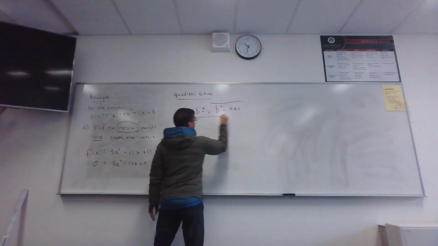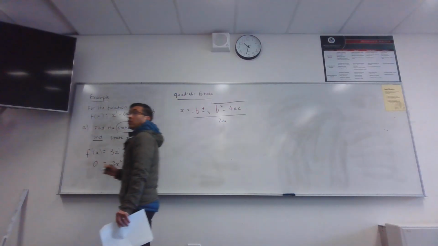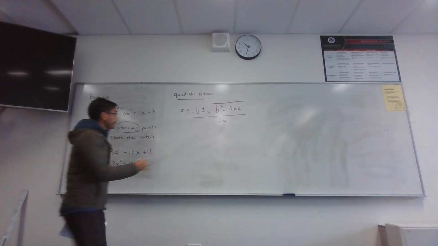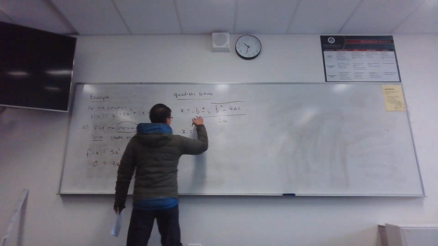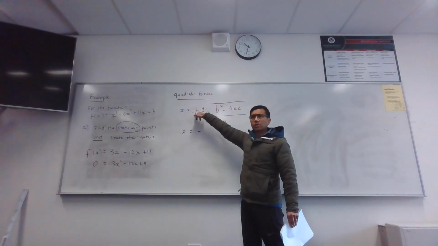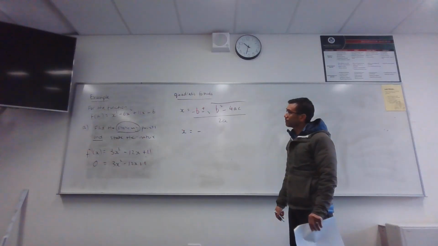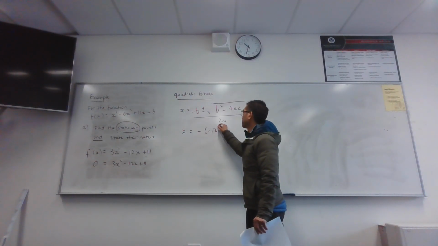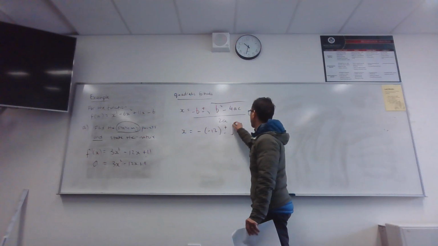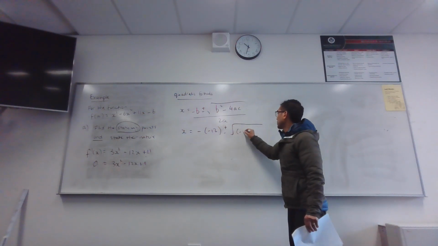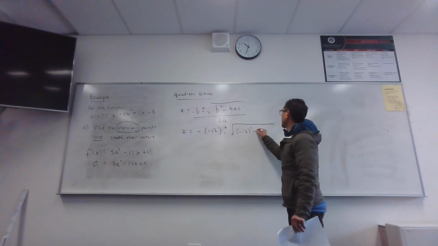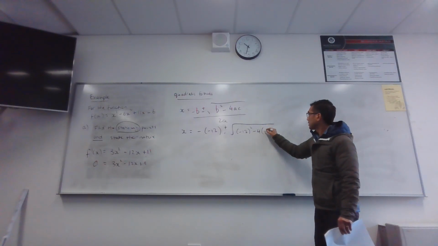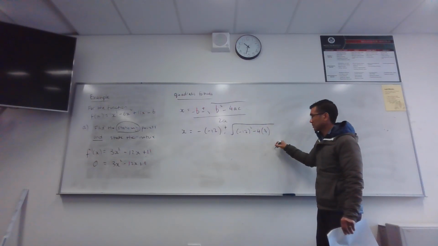Good. You need to know that off by heart. Jesse, what's my b? Negative 12. Yeah, that's right. So negative 12 squared. What's my a, Zach? 3. And my c? 11.